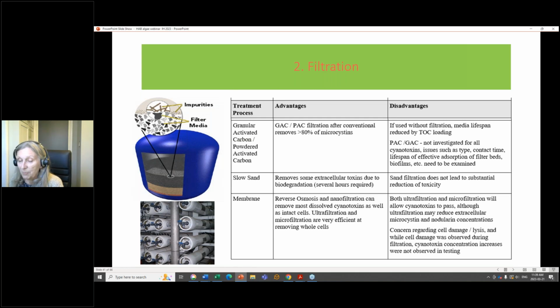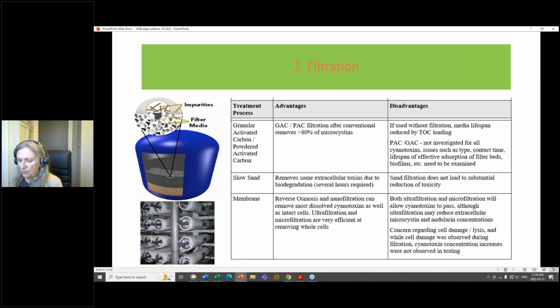And again, it's because of biodegradation of these toxins and algae materials on the filter itself.